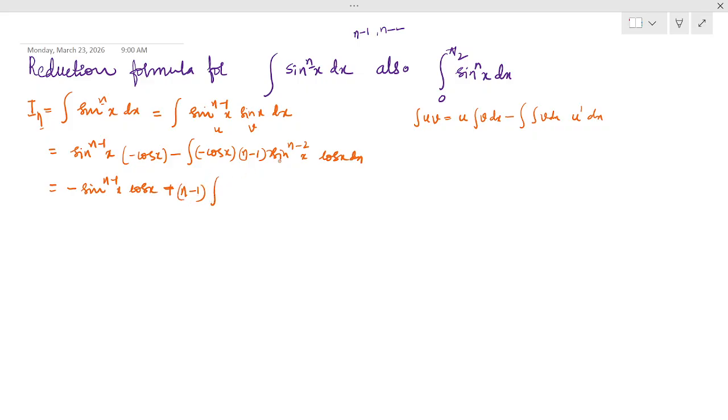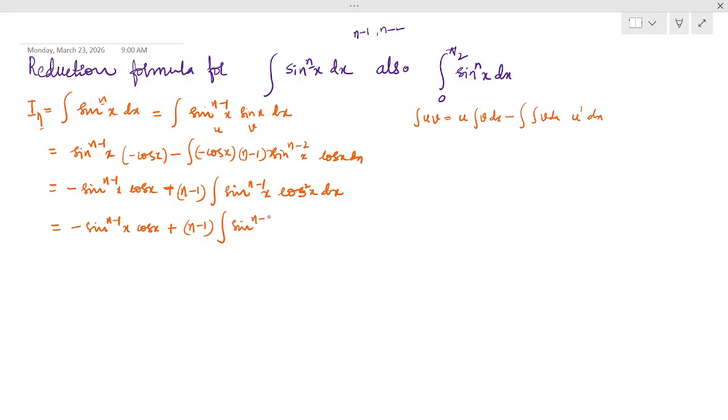So what is remaining? First we can write the sin term, sin raised to n minus 2 x into cos x into cos x is cos square x into dx. Further I will keep the first term as it is, minus sin raised to n minus 1 x into cos x, plus n minus 1 into the integration of this term.